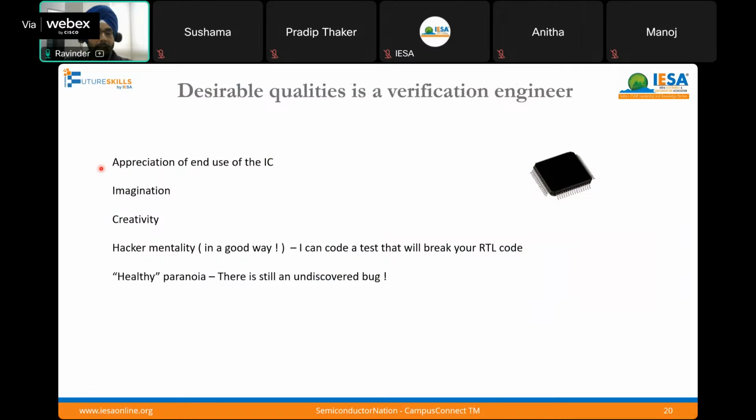One is appreciation of the end use of the IC. While verifying the SoC, one should always understand the end application, and from there try to bring those application use cases into the verification test cases and try to prove those applications. So it is important to understand where it's going to be applied.